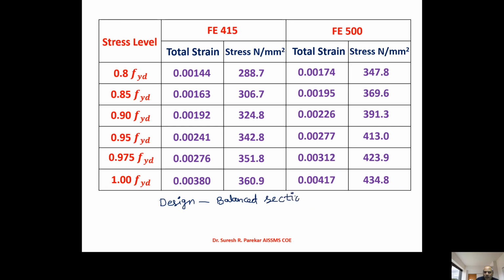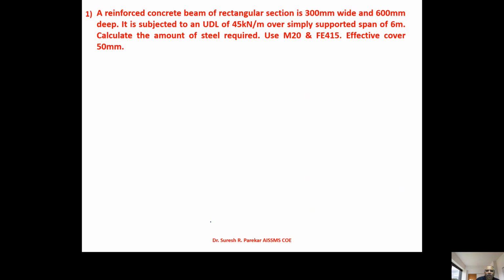Directly we have to consider the value of Ku equal to Ku max and the value of Xu equal to Xu max. Therefore this design of doubly reinforced section is much easier compared with analysis of doubly reinforced section. So now we will go with the problem.